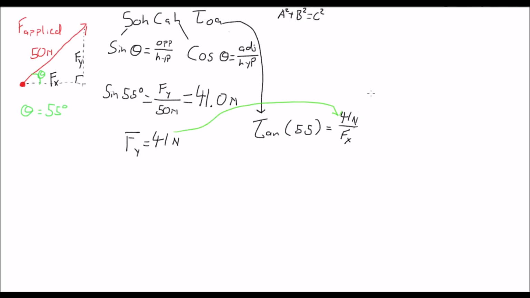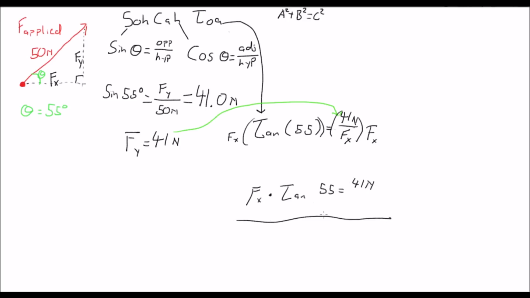41 newtons. Now, algebraically, I know that I can switch these out, but let's do it just for the sake of argument. So I want to get f of x by itself. To do that, I'm going to multiply by f of x. So I have f of x times tangent of 55 is equal to 41 newtons.